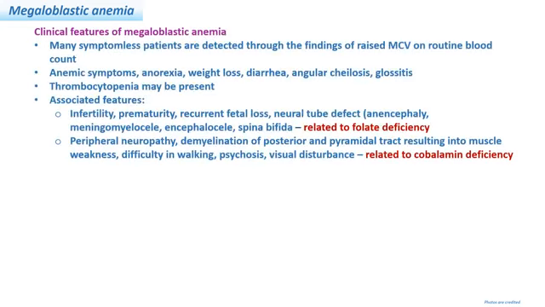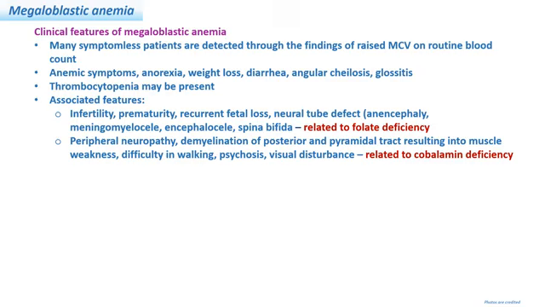Clinical features of megaloblastic anemia: many are symptomless and detected through the finding of raised mean corpuscular volume on routine blood count. Other than anemic symptoms, there are anorexia, weight loss, diarrhea, angular cheilitis, glossitis; thrombocytopenia may be present.